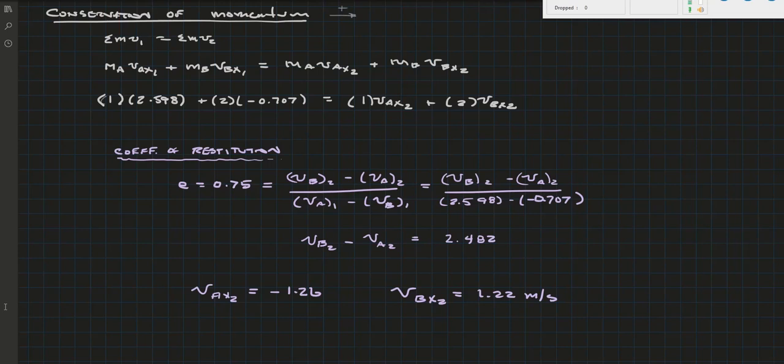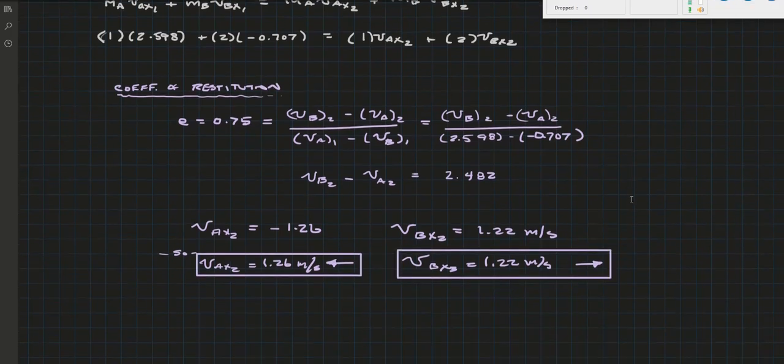So that means that A is heading this way and B is heading this way. So if I'm going to draw these arrows like this, I should actually write the velocity of A x2 equals 1.26 meters per second in this direction, and the velocity of B x2 equals 1.22 meters per second in that direction.